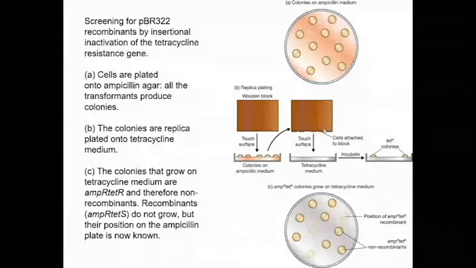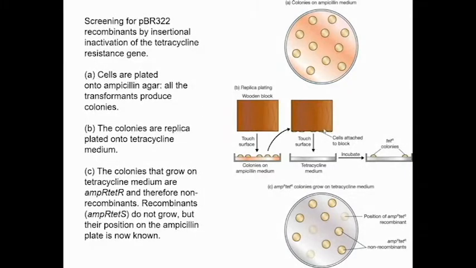To screen the pBR322 recombinant by the insertional inactivation of the tetracycline resistance gene, after you perform the transformation, you put those cells on the ampicillin media.